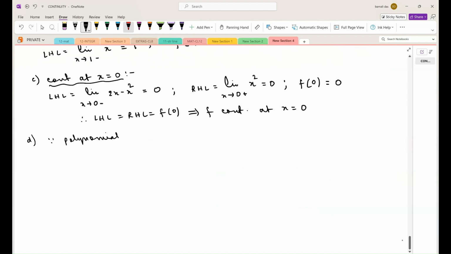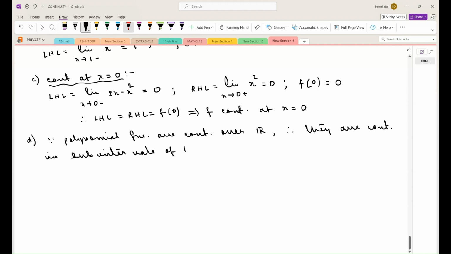So we simply write that since polynomial functions are continuous over the whole of R, therefore they are continuous in subintervals of R. So my f(x) is continuous in both the open intervals minus 1, 0 and 0, 1.